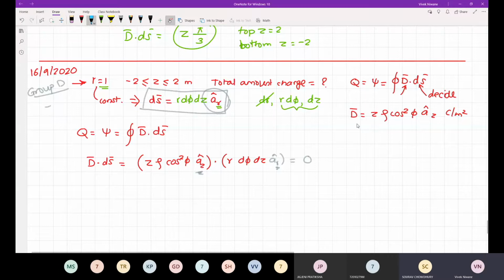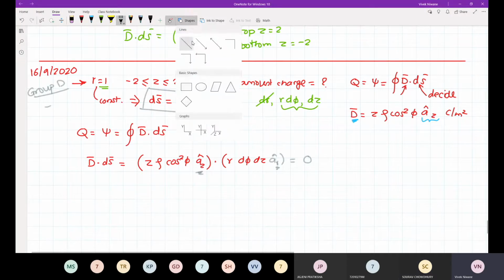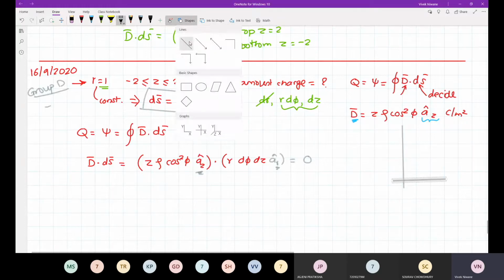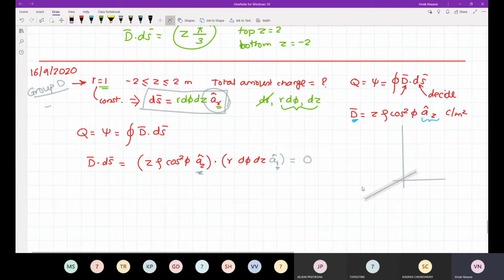Now, if we look at the D bar expression, we have only the AZ component. If we look at the geometry of our cylinder expressed by the given surface, we have a kind of surface like this.